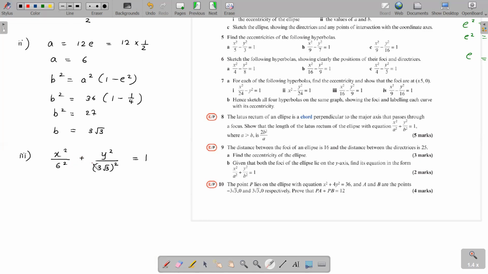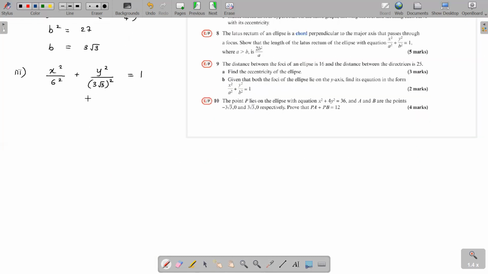So in the ellipse, the x-axis cutting points are 6 and minus 6. The y-axis cutting points are 3 root 3 and minus 3 root 3.